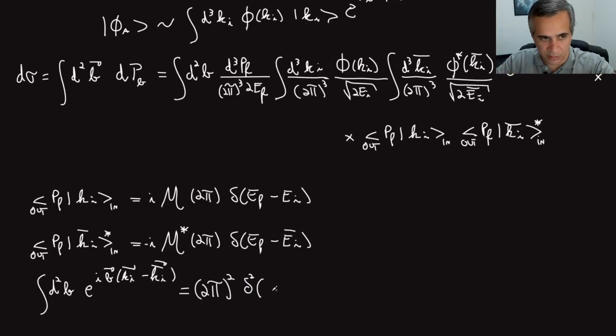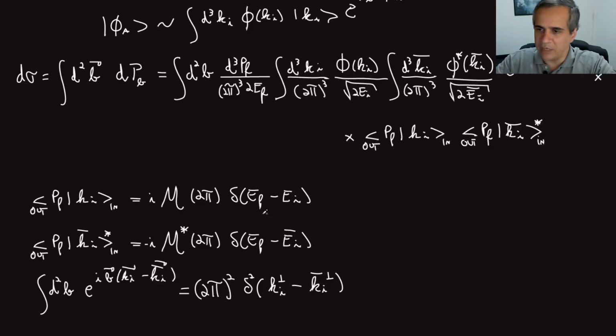So what I call ki perpendicular minus ki bar perpendicular, which already makes two of the components of the initial momenta, I mean this ki and the ki bar, the same.